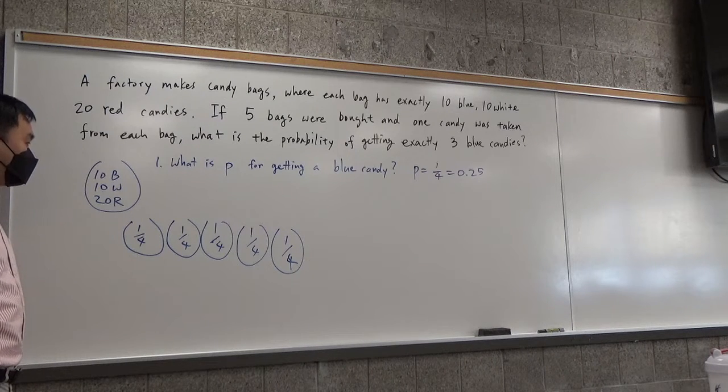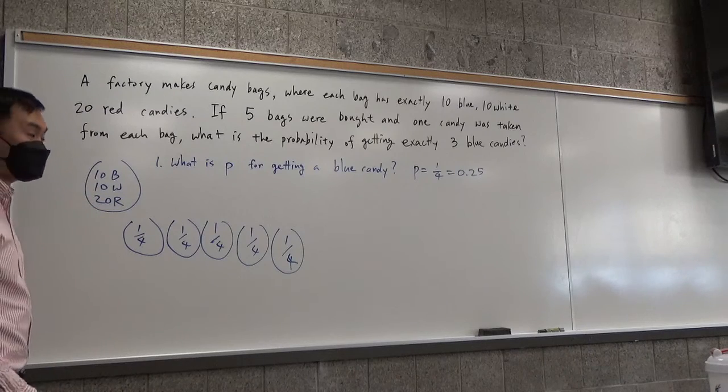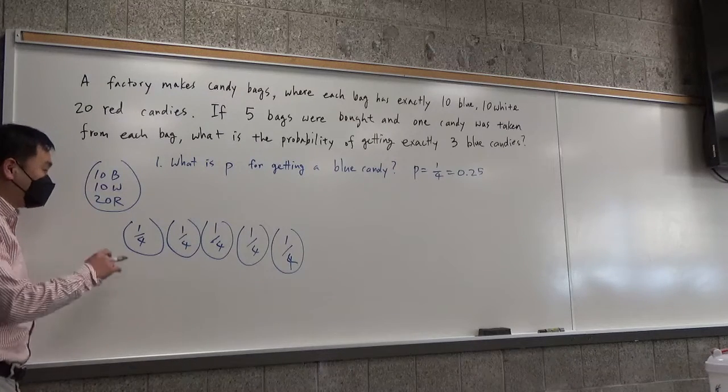Or you could also have something like 2 blue candies and some other candies. So now the question is, what's the probability that you can have 3 blue and the rest 2 of something else? Okay? So that's the question.